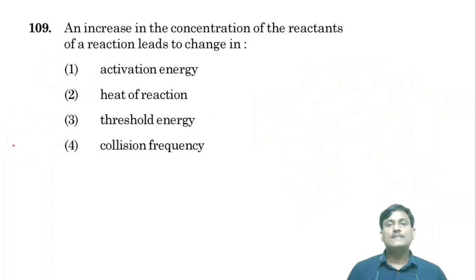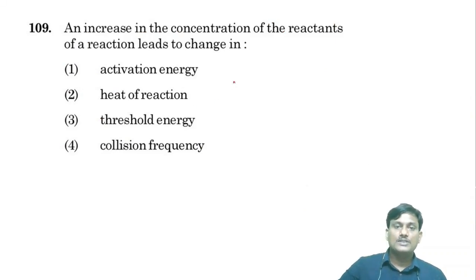An increase in the concentration of the reactants of a reaction leads to a change in what? Suppose when you increase concentration, the number of moles per volume increases. As the number of moles per volume increases, the number density increases.